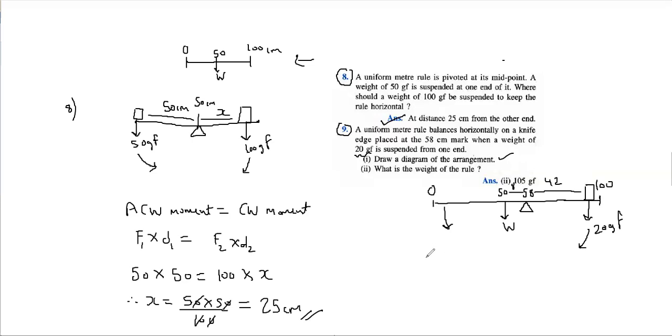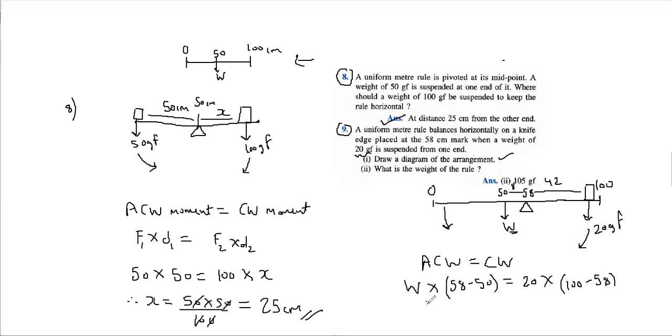For the weight of the rule, we use the principle: anti-clockwise moment equals clockwise moment. The anti-clockwise moment in this case would be the weight W, the force acting in the downward direction, into the distance. The distance from the fulcrum at 58 to 50 is 58 minus 50, which equals the clockwise moment, which is the weight of 20 GF into the distance from the fulcrum, 100 minus 58, which I've already written as 42.